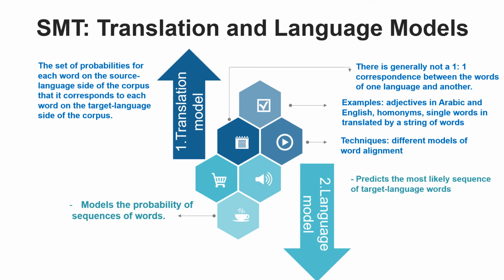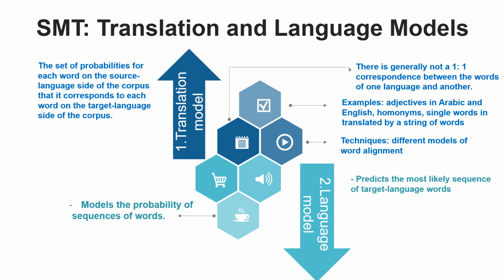For example, the single word "implemented" in English may be rendered in French as "mise en application." So, calculating these word probabilities in the translation model takes place through different models of word alignment, such as the expectation maximization algorithm and IBM models.